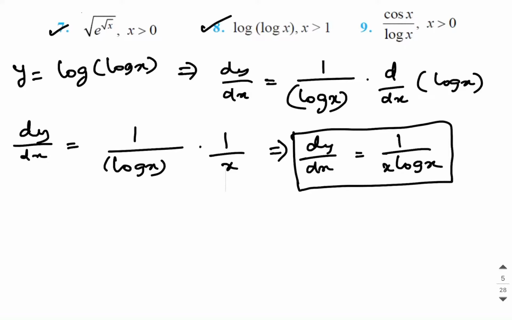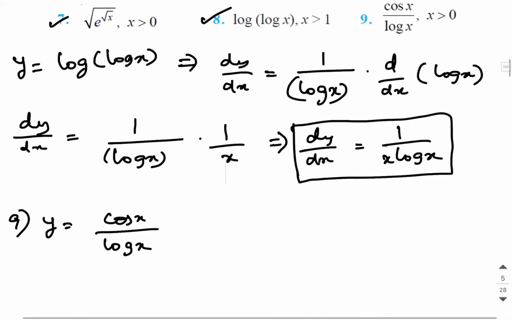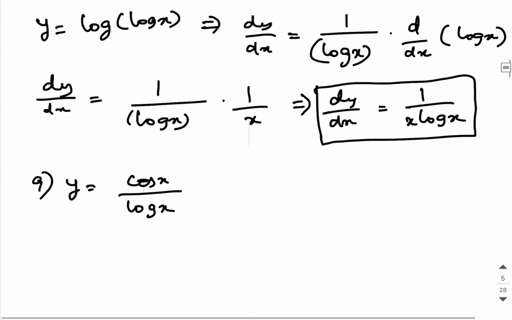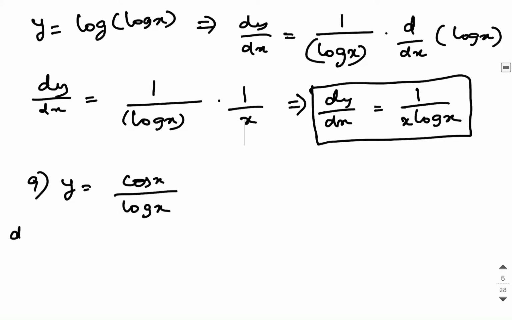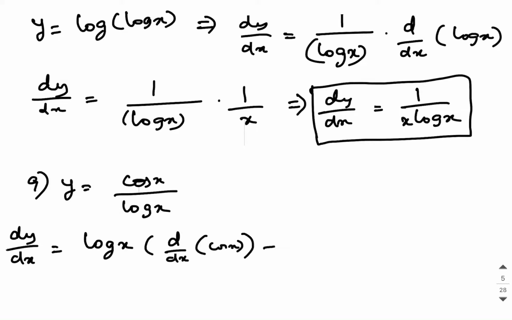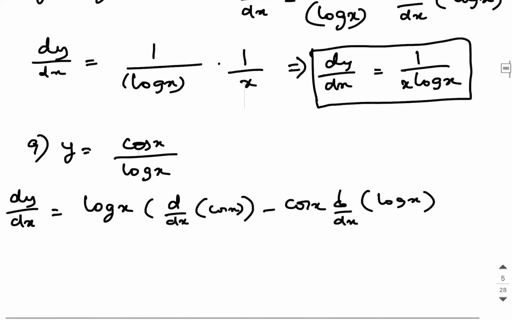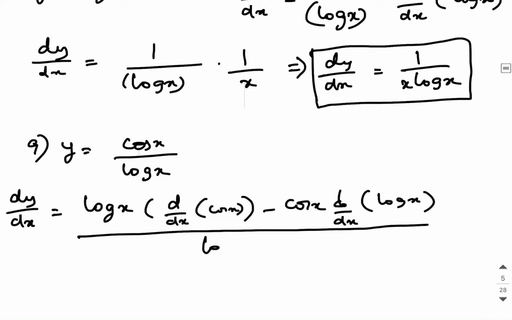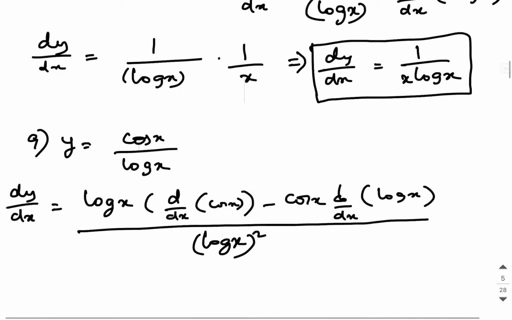Similarly, the ninth problem is y is equal to cos x divided by log x. So here we'll apply the quotient rule. So dy by dx will be equal to denominator into derivative of numerator minus numerator into the derivative of denominator, whole divided by the denominator square, that is log x whole square.